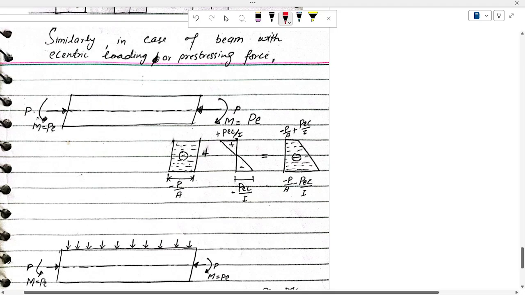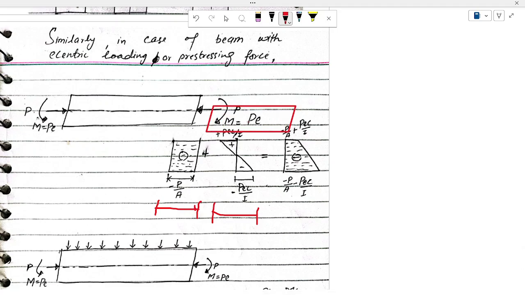These are the uniform stresses caused by the pre-stressing load P. And these are the stresses caused by that moment, which we replaced by a couple.